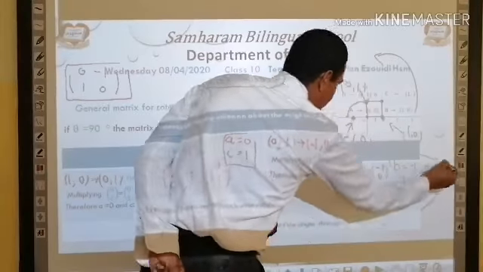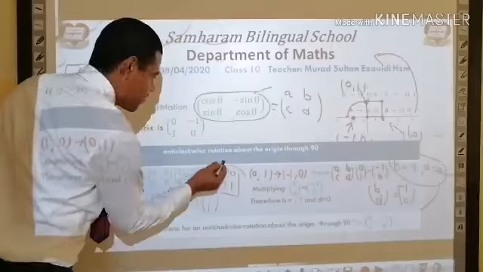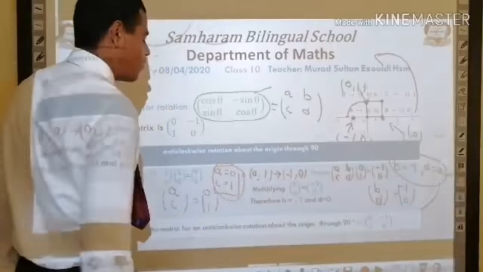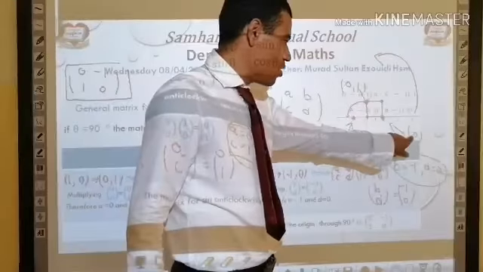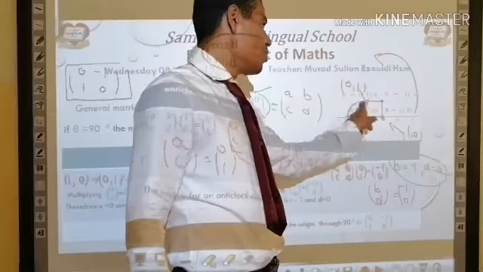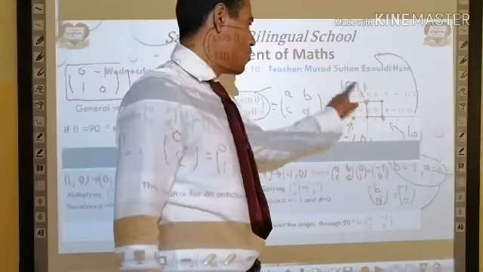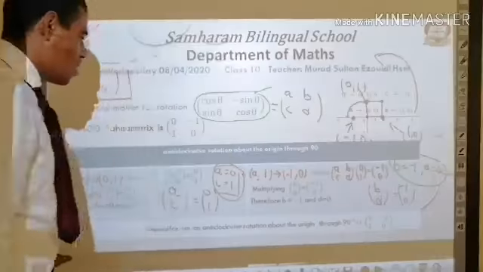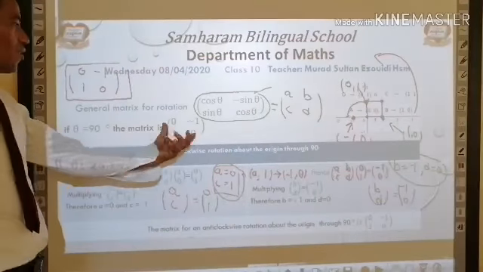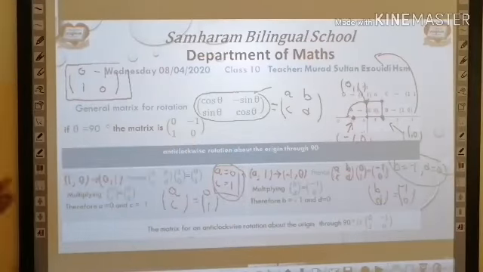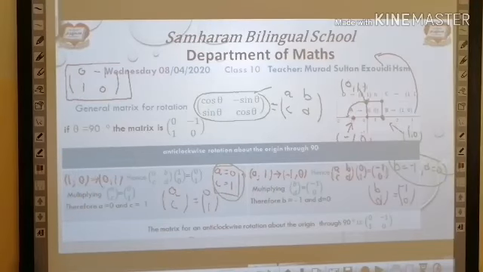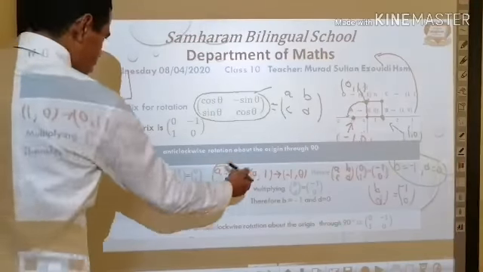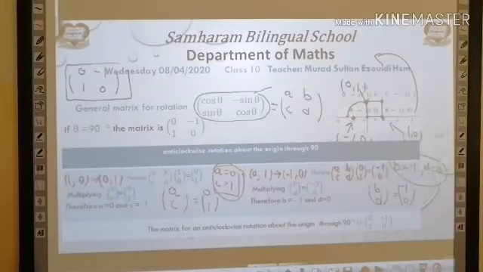So this one represents what? My matrix of transformation of a point, for example A of coordinates 1, 0 to its image, it will be 0, 1. And from 0, 1 to negative 1, 0. So now at least we can work out this matrix that transforms A into B. And the rotation, of course, is about the origin, 90 degrees, counterclockwise or anti-clockwise.